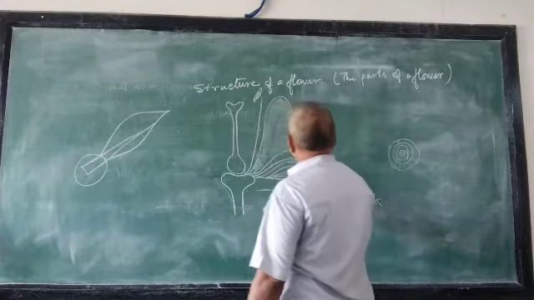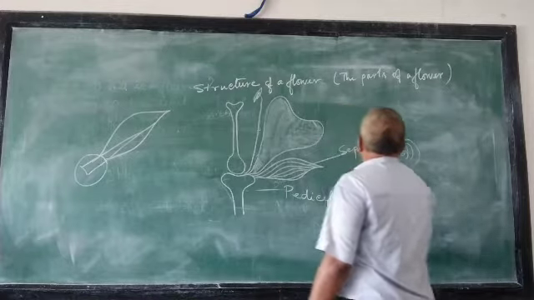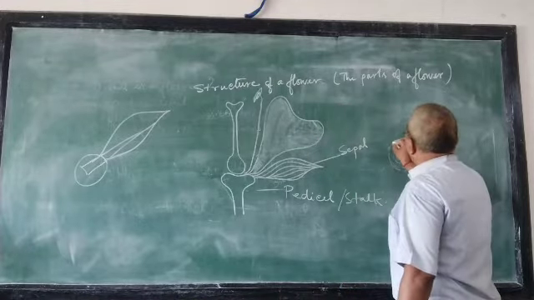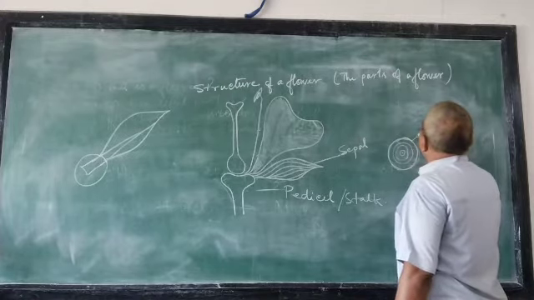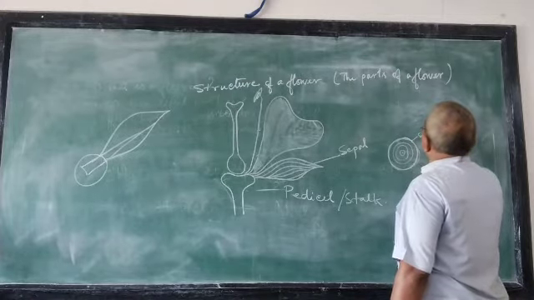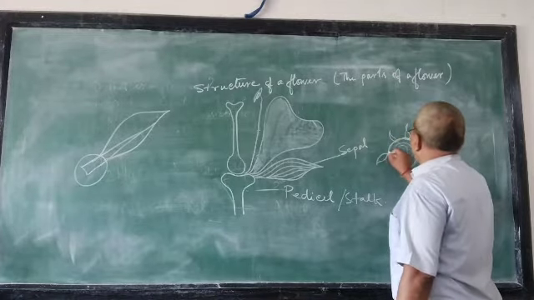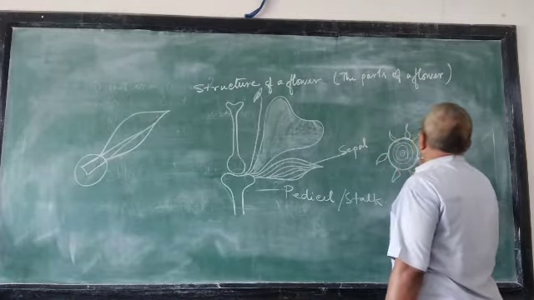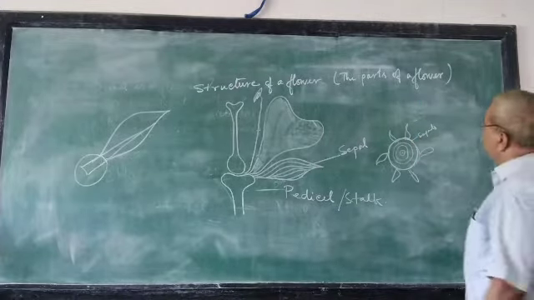The outermost whorl is made up of sepals, right? In this circle, what will you find? Sepals, right? Here you will find one, here another, here another one. This way you have so many sepals, right?